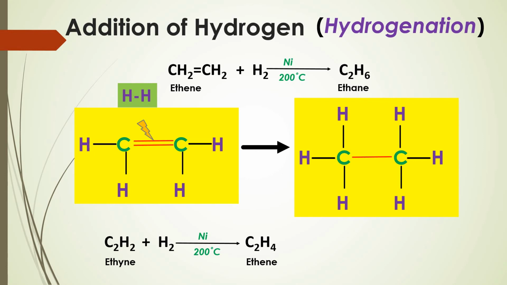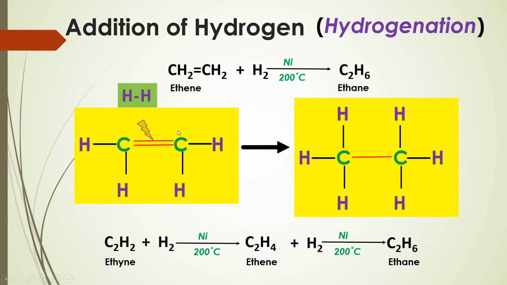Now if we carry out the hydrogenation reaction on this ethene, then we finally get ethane, because the double bond gets broken and again two hydrogens can be attached to the compound, forming ethane as the final product.